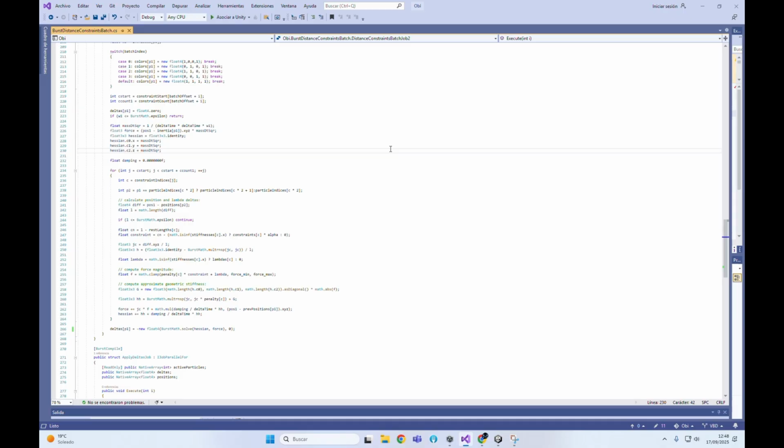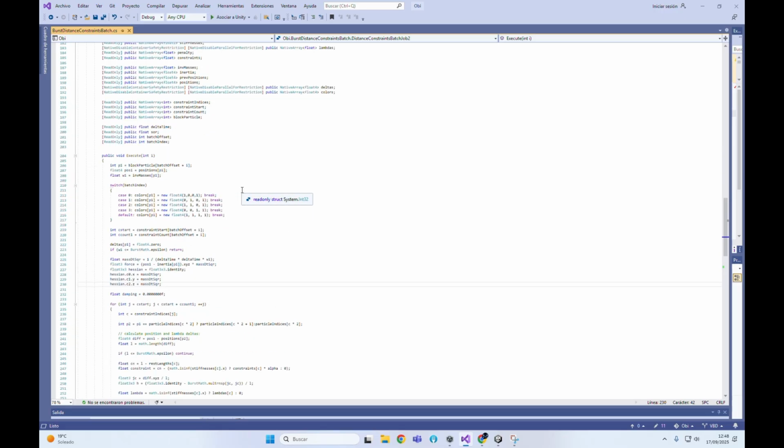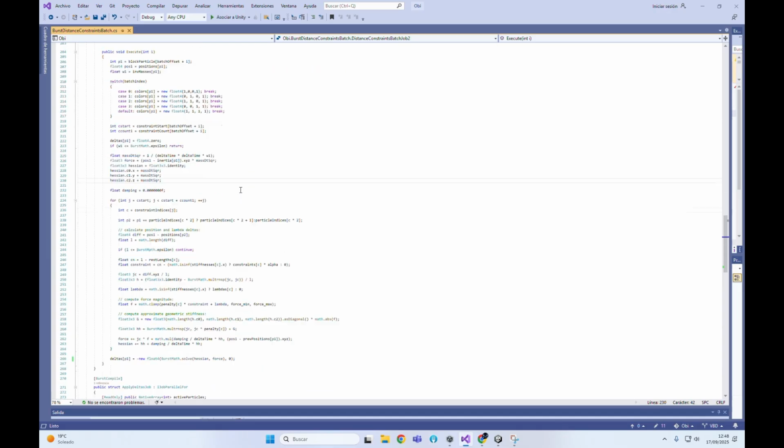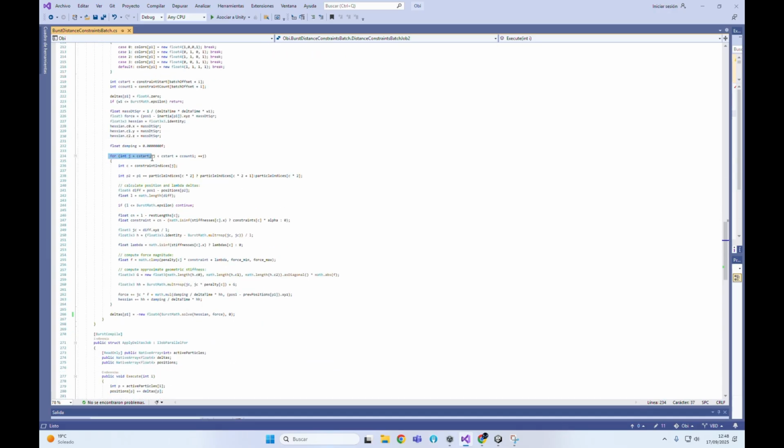So I also implemented AVBD in OBI for distance constraints to evaluate ease of integration. As you can see here, for distance constraints, I go over all the constraints affecting each particle.